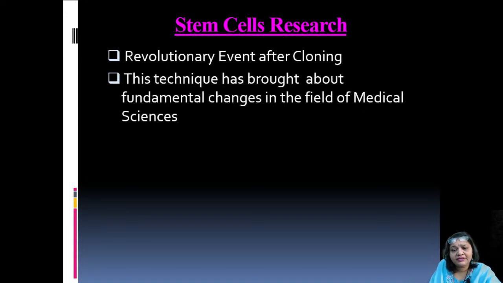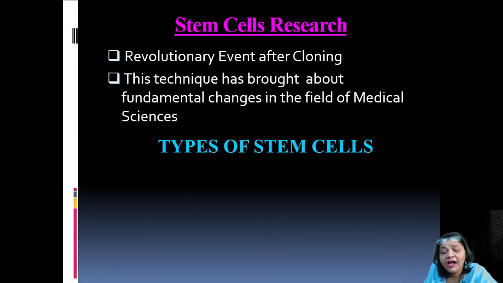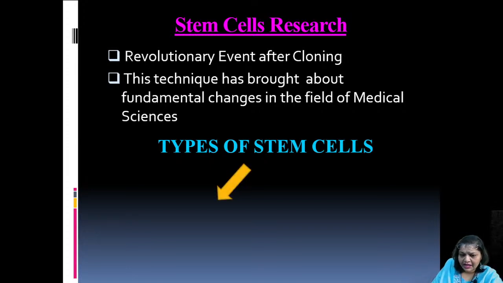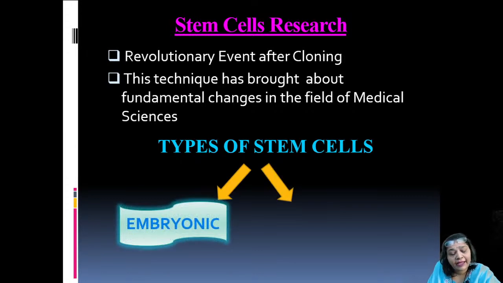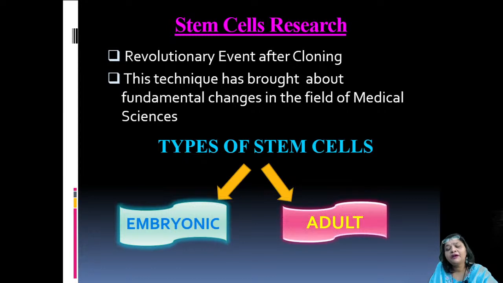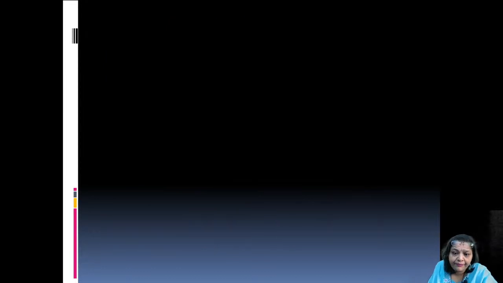Now, stem cell research technique has brought about fundamental changes in the field of medical sciences. Okay, now this is because of the different types of stem cells. There are basically two types of stem cells that we are going to see now. One is the embryonic stem cells and the other is the adult stem cells.